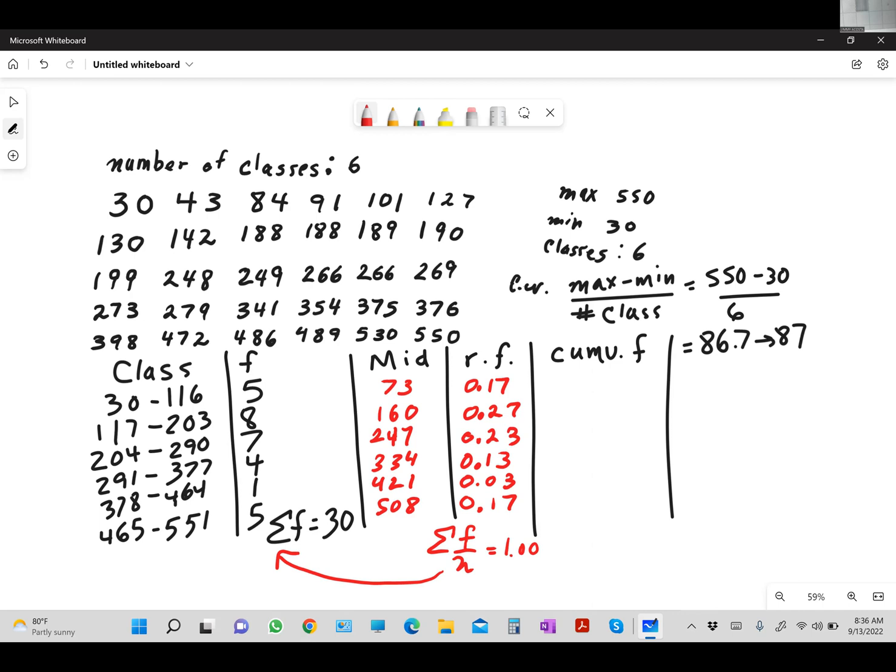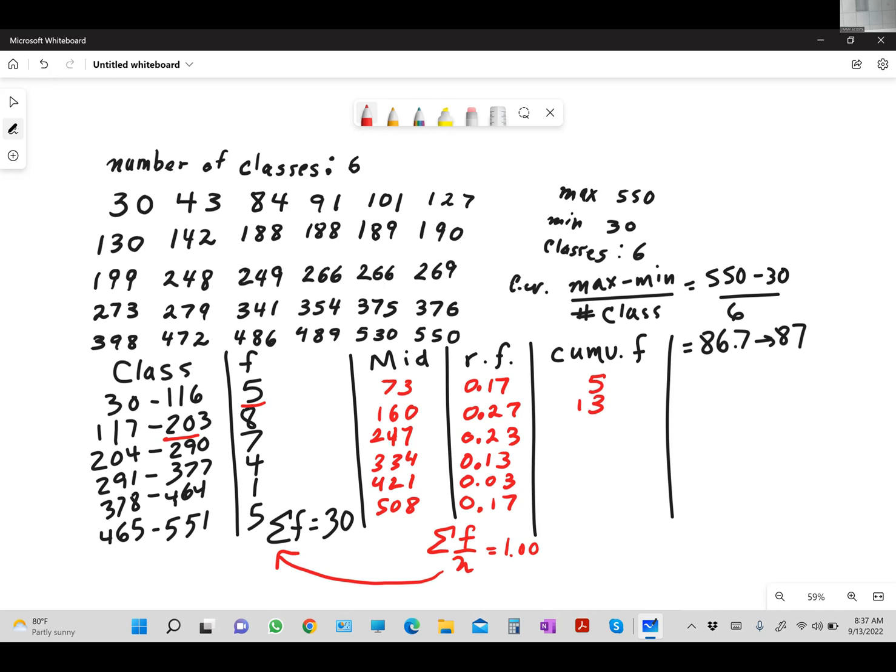Now, a cumulative frequency is a running total of how many numbers you've counted. So by the time you get to 116, you would have counted 5 numbers. By the time you get to 203, you would have counted 5 plus 8, which is 13 numbers.